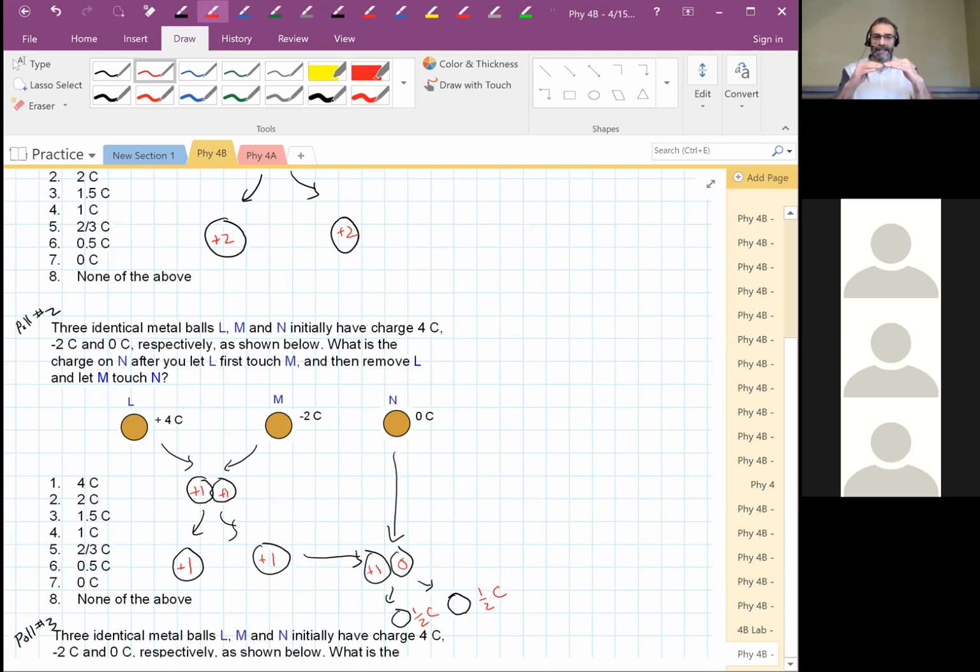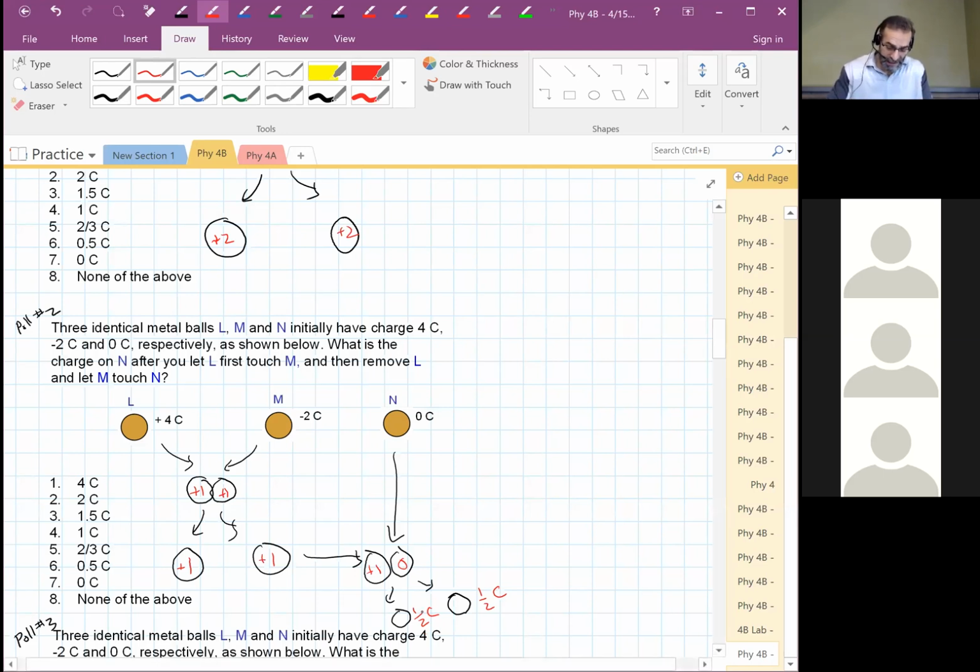We can add 1 electron and the charge jumps up to here. It can't be in between. It can have 1 electron or 2 electrons of charge. It can't have 2.5, right? It's like standing on a ladder. You can stand on the first step or the second step. You can't stand in between, right? And so that's true with electric charge.